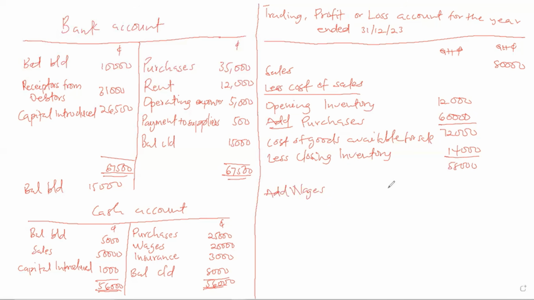The amount we had there was 20,500. So when we add this, we get 78,500. That is our cost of sales.